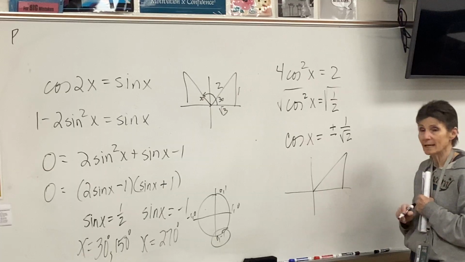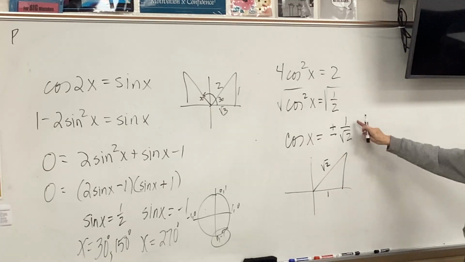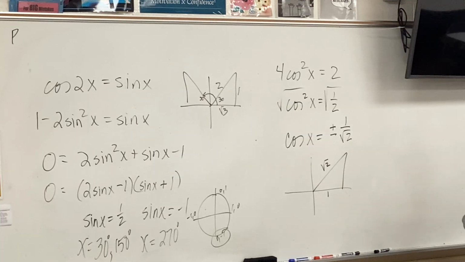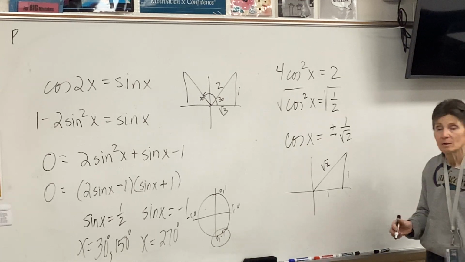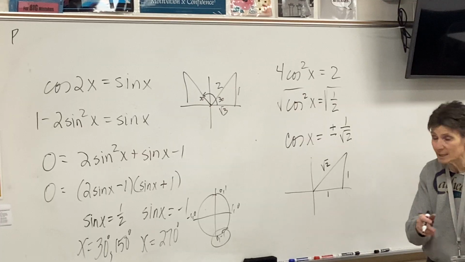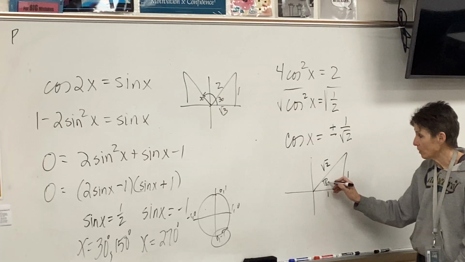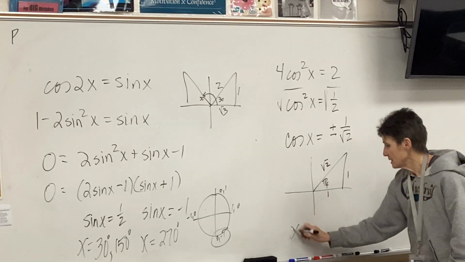Now I'm going to leave those numbers that way because I recognize those numbers. Don't I have triangles where adjacent is 1 and hypotenuse is root 2? Adjacent over hypotenuse? What kind of angle is that? I'm in radians. What kind of angle is that in radians? It's 45 in degrees, which is pi over 4 in radians. So one of my answers is pi over 4.